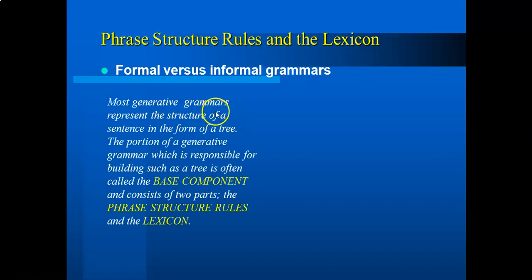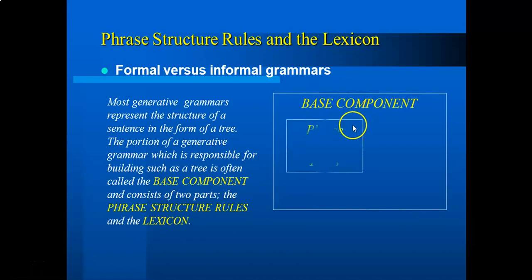Most generative grammars represent the structure of a sentence in the form of a tree. The portion of a generative grammar which is responsible for building such a tree is often called the base component and consists of two parts, the phrase structure rules and the lexicon.